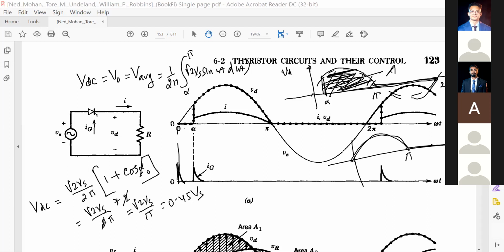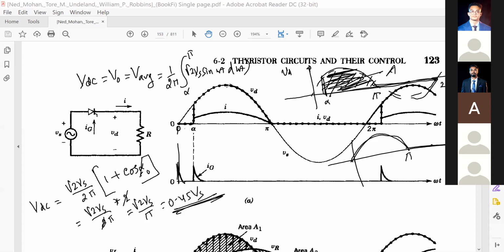Yes. Now, if you increase the alpha, this is the highest value, right? The highest value of the VDC will occur if you apply the gate pulse at omega t equal to 0, alpha equal to 0.